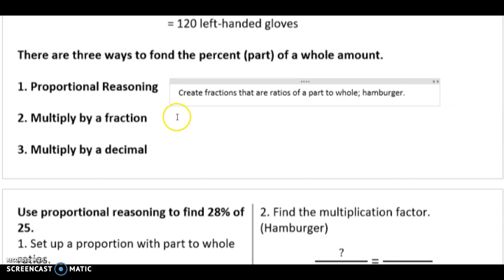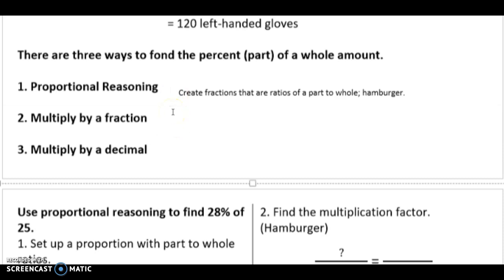Alright, how do we multiply by a fraction?